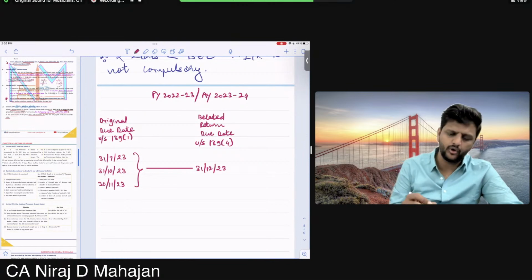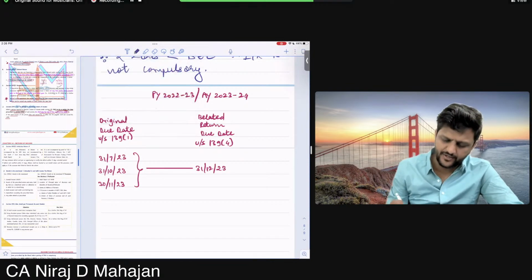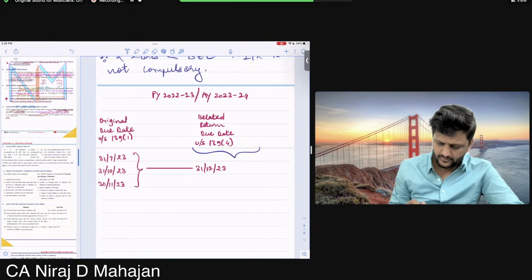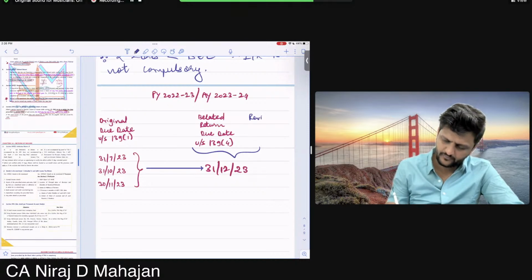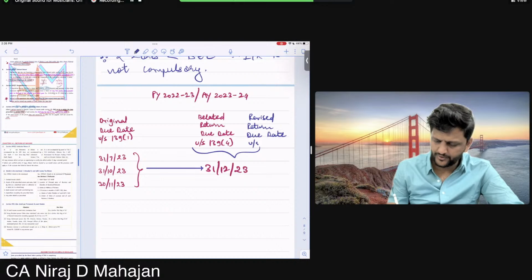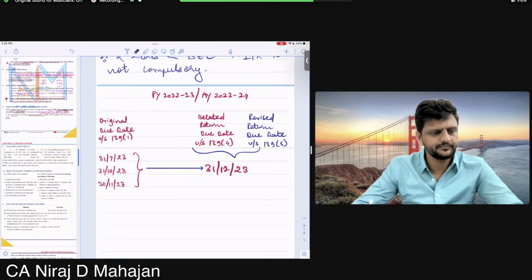And is it bachcho same also for revised return due date? Is it the same, bachcho? Tell me. है ना? Under section 139(5). Okay.